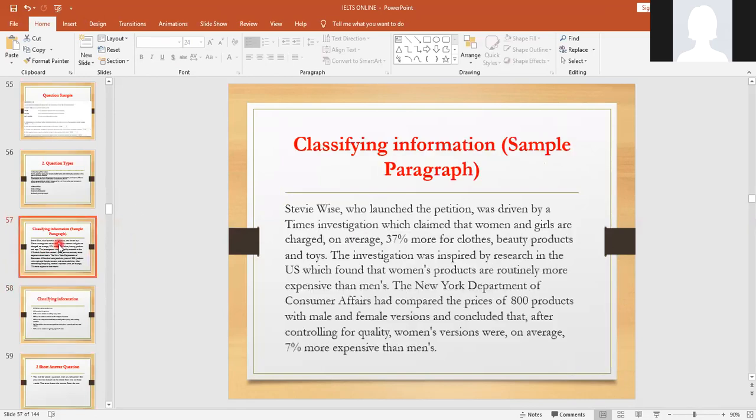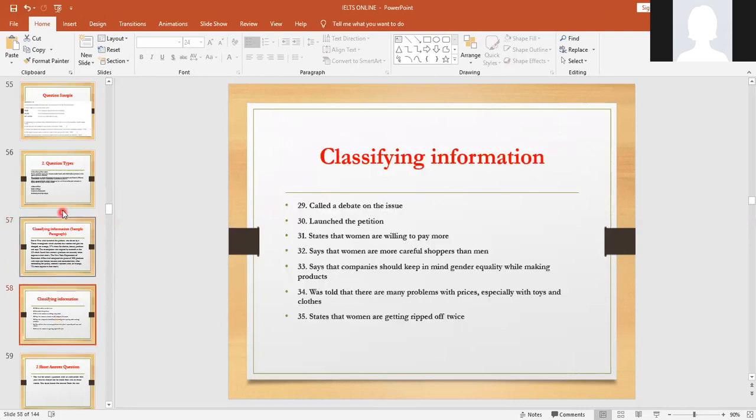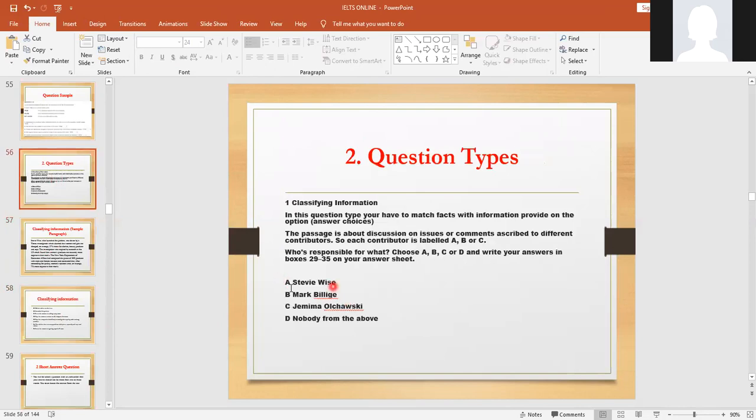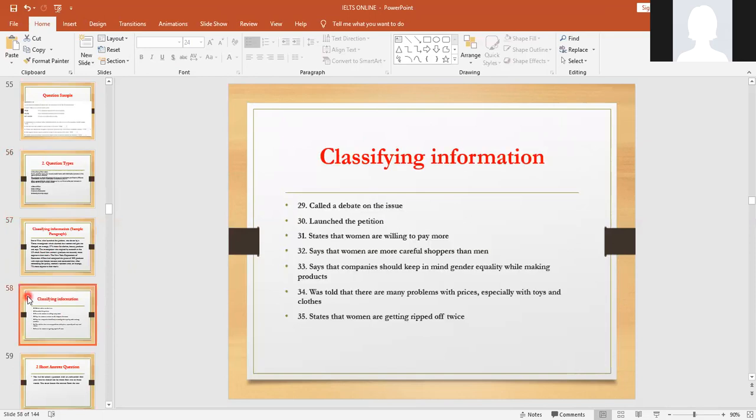If we go back, Steve Wise launched a petition. So when you go to that place, the option is Steve Wise, A. So question 30 is A. So you can see that that method will work for you if you start using it.